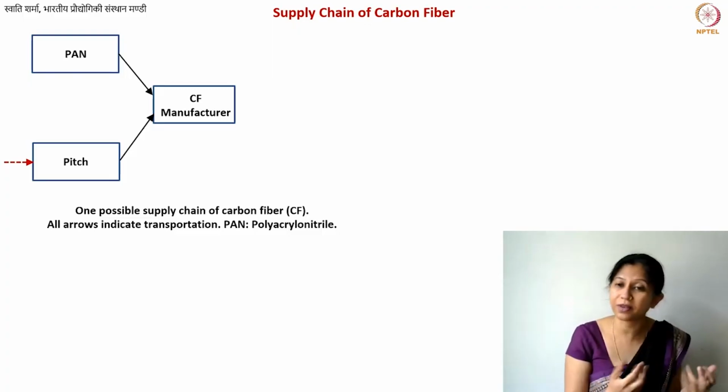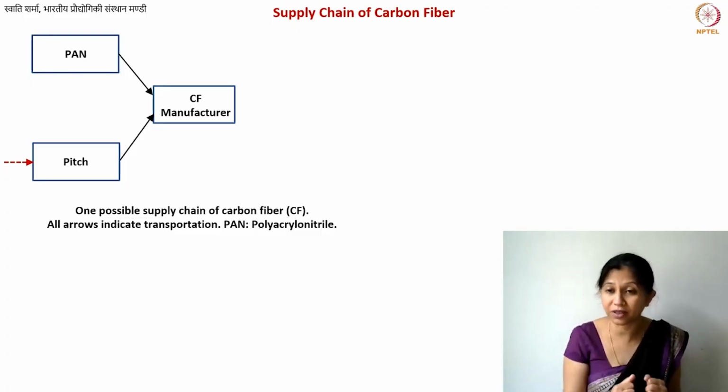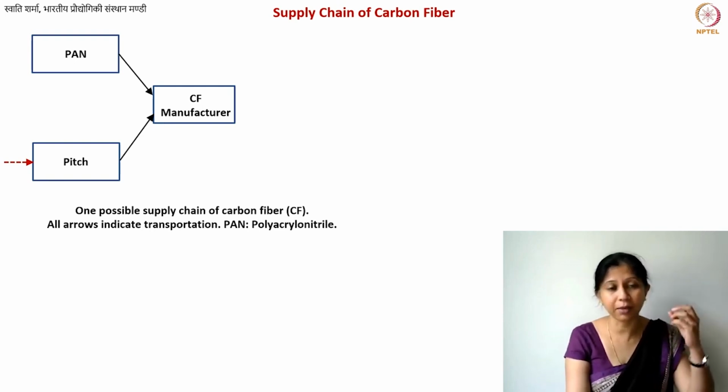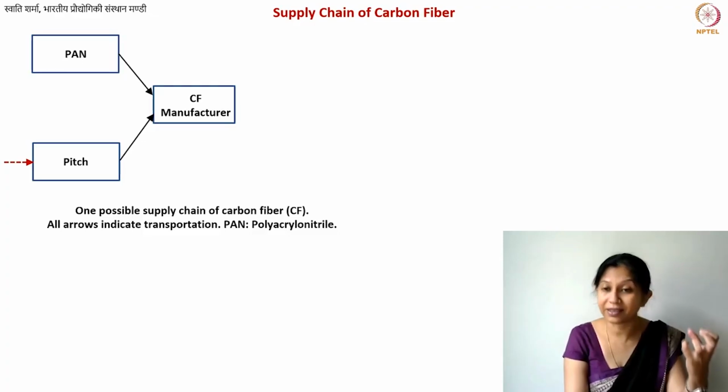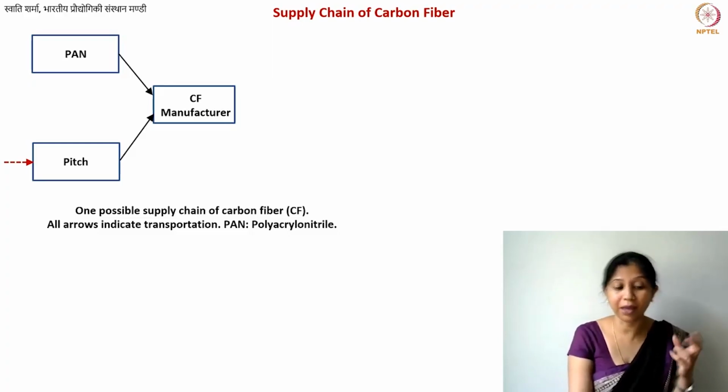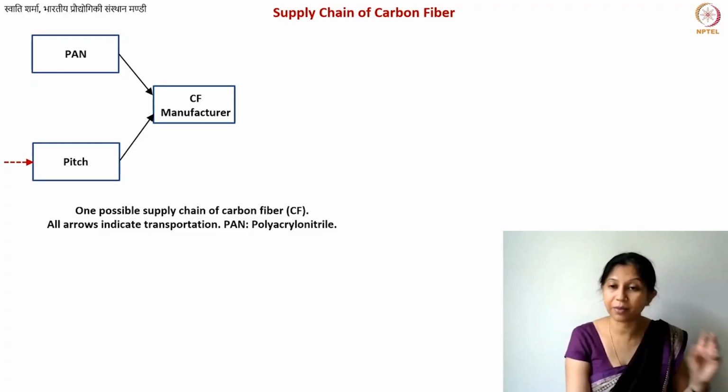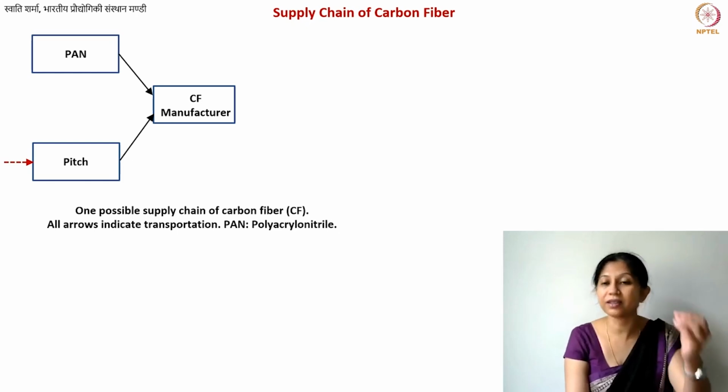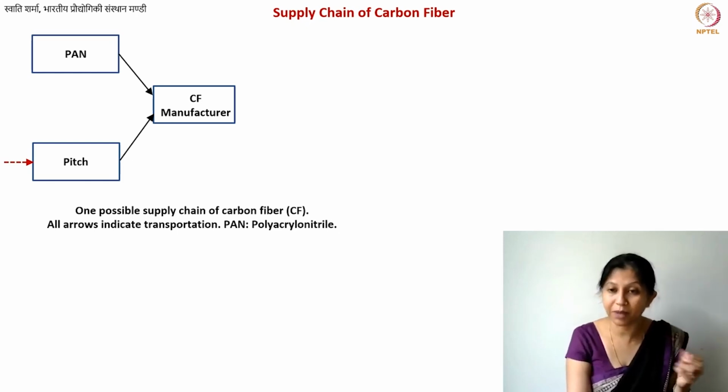You may use just mesophase pitch or both isotropic and mesophase pitch. These are your 2 suppliers of raw materials. PAN, maybe you're buying from the chemical plant that is producing it, so maybe you're directly buying it from there. But that pitch is maybe coming from some other petrochemical refinery to these intermediate people, and then from them you buy your pitches.